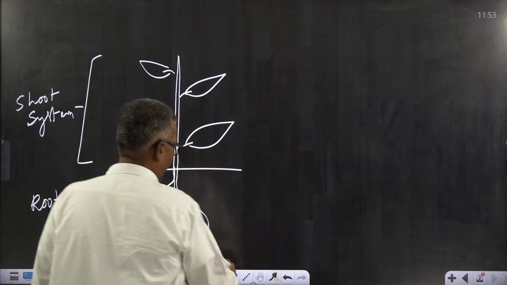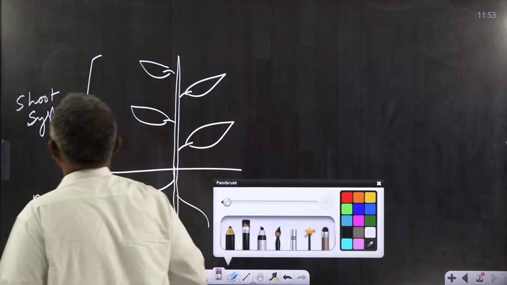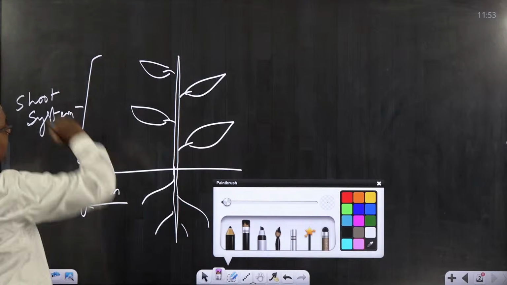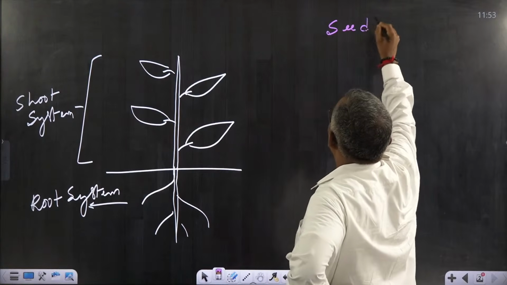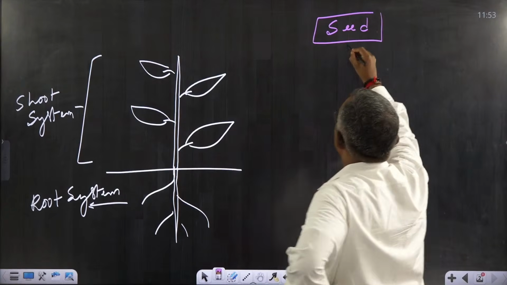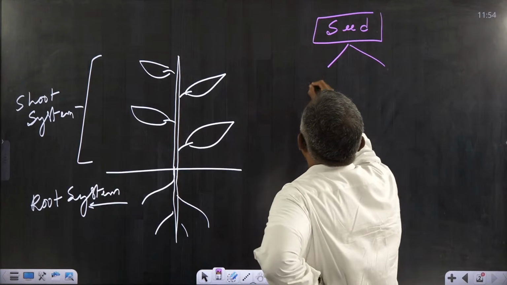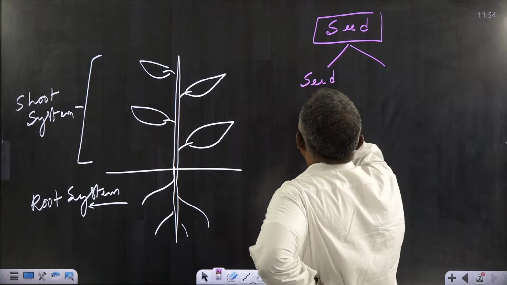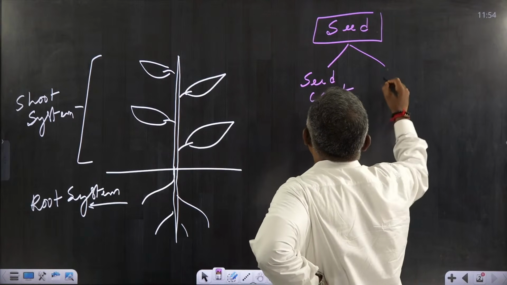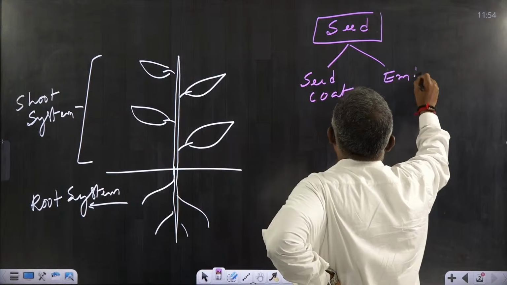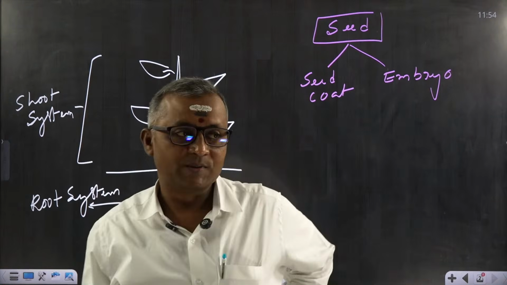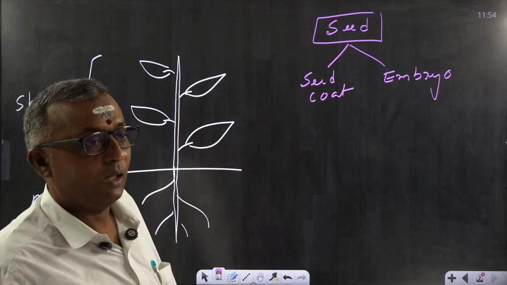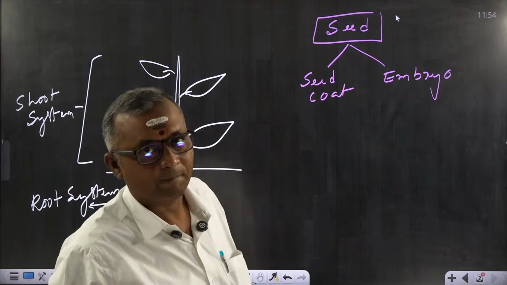Now listen to me carefully. Say for example, if you take a seed, it contains seed coat and embryo. What are the structures present? Seed coat and embryo.